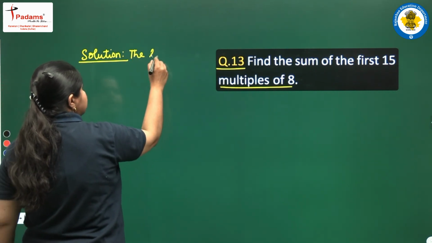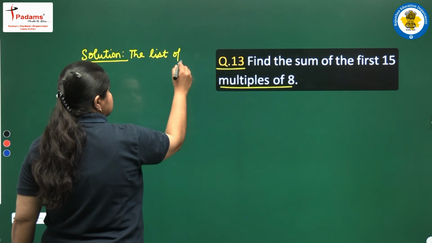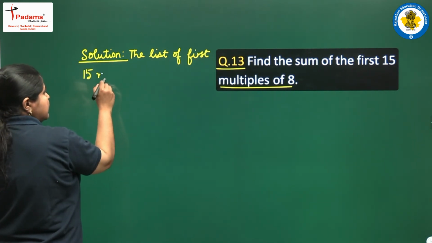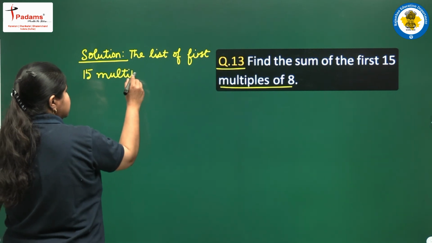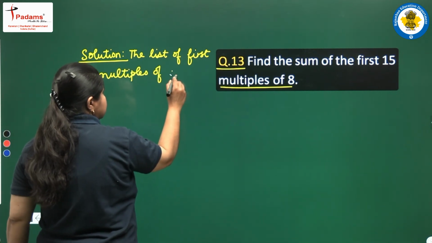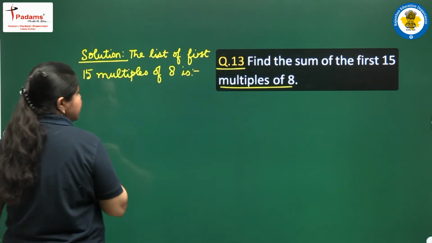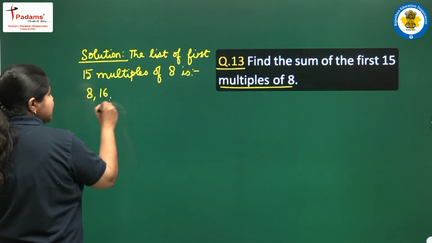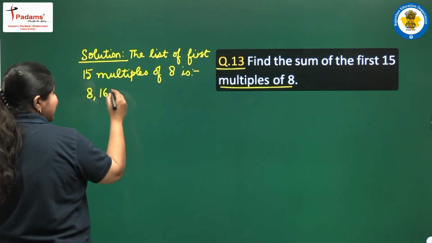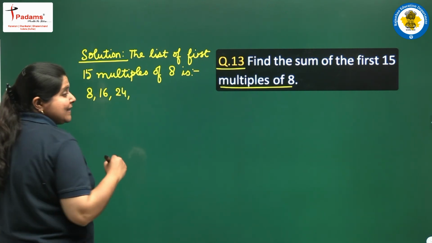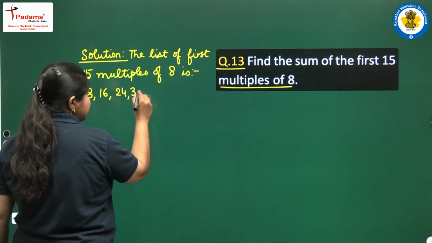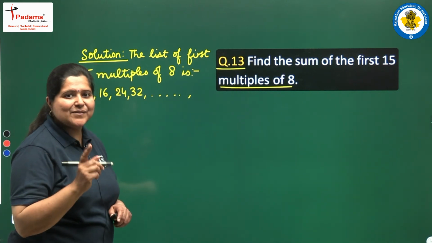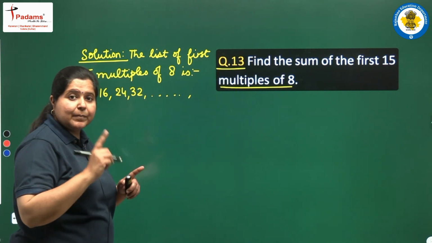The list of first 15 multiples of 8 is, let us write it here. The first number will be 8, then 8 2s are 16, then 8 3s are 24, then 8 4s are 32 and so on. Can we get the last term also? Yes, we can get it by multiplying 8 by 15.